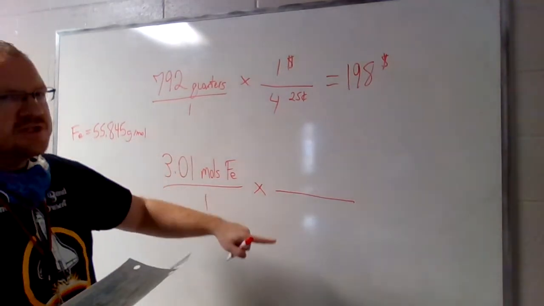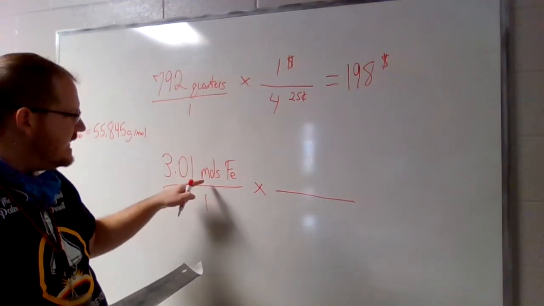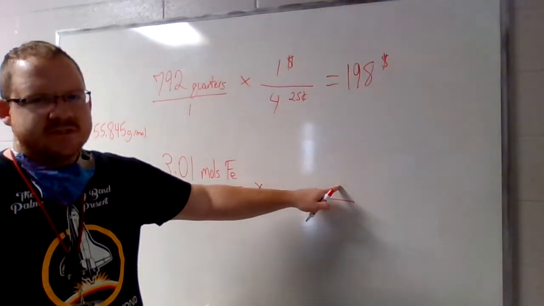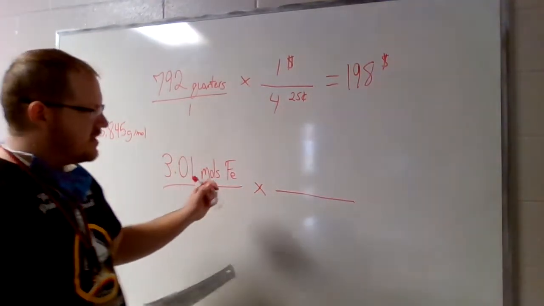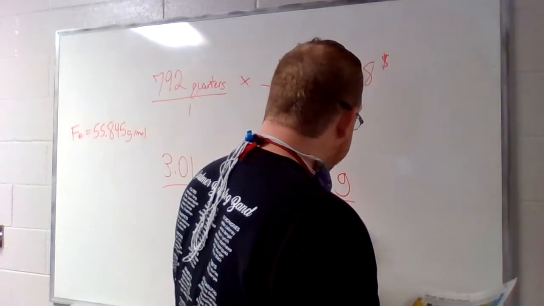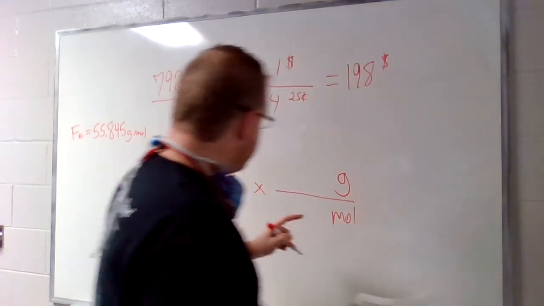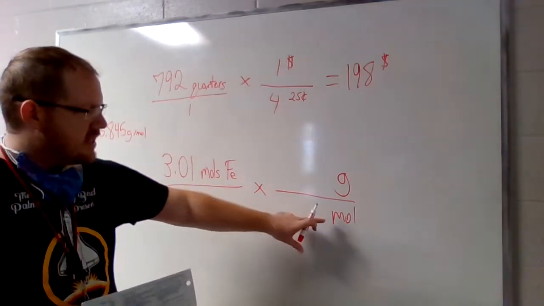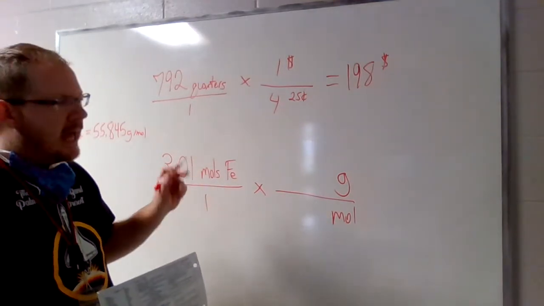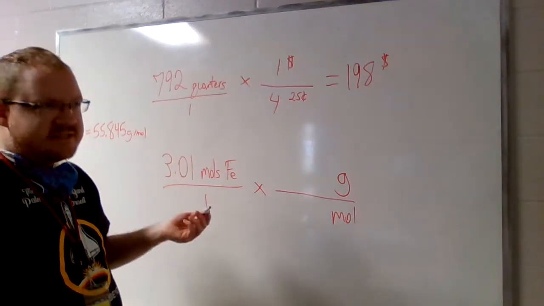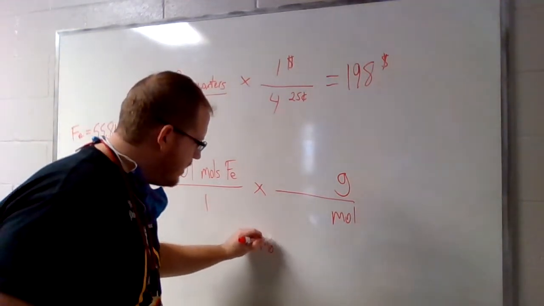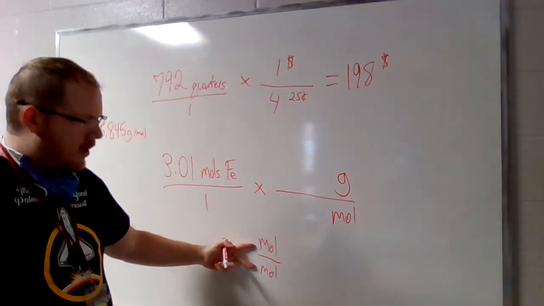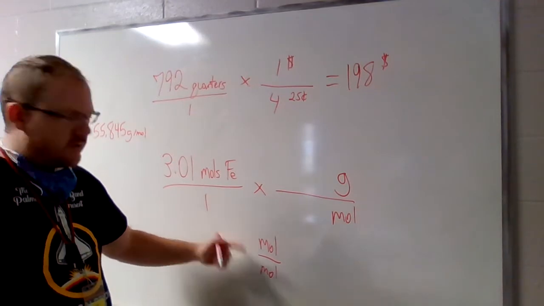So when I make my conversion factor here, the key is I want moles to cancel out. I want moles to go away, and I want to be left in grams over here. And so when I set up this conversion factor, I'm going to have grams on top and moles on bottom. Because if I combine these fractions, the moles is going to be on top and bottom. And anything over itself as a fraction, like moles over moles, just units, no numbers, is equal to what?